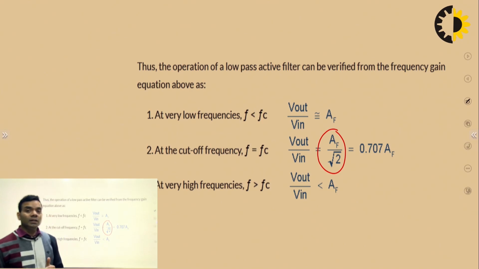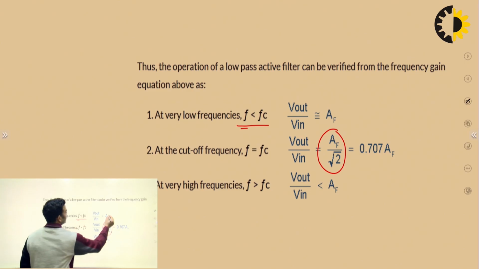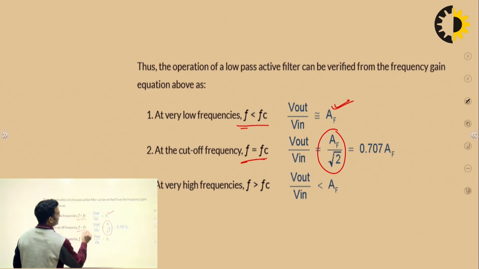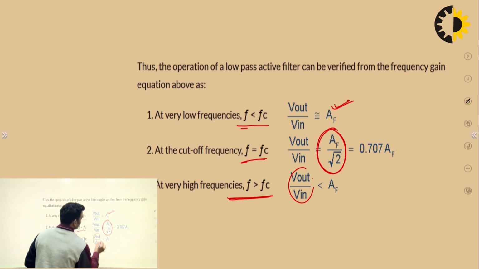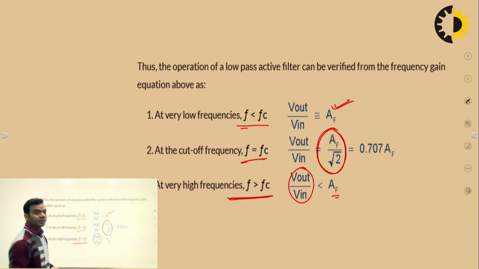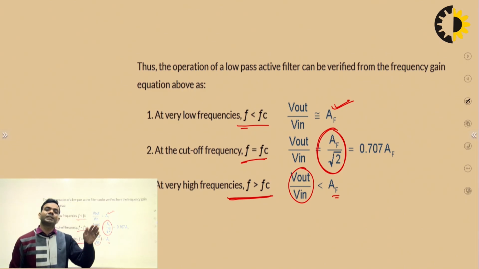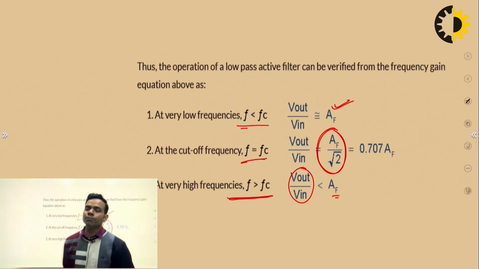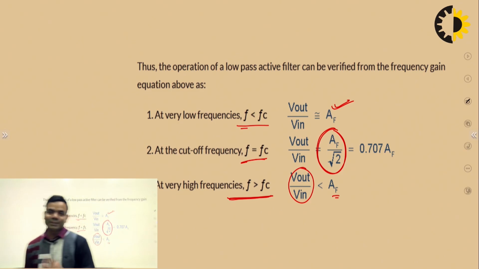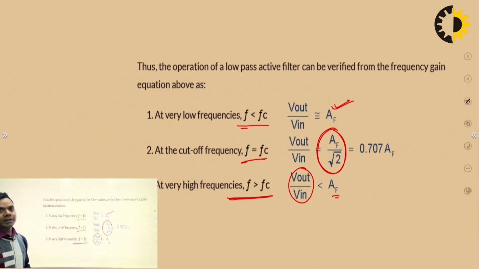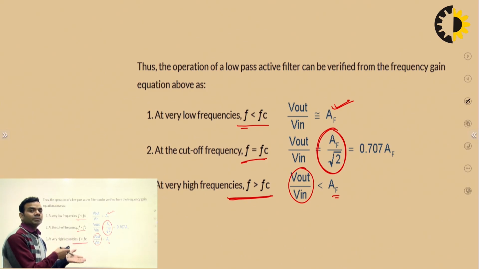So, we can conclude that at low frequency the signal is passing, at cutoff frequency the gain is AF upon root 2, and when f is much larger than fc, the gain is much less than AF. That means as frequency is increasing, gain is decreasing. This is what happens in a low pass filter. So, this is how we can prove that this is a low pass filter, and this is how it behaves.